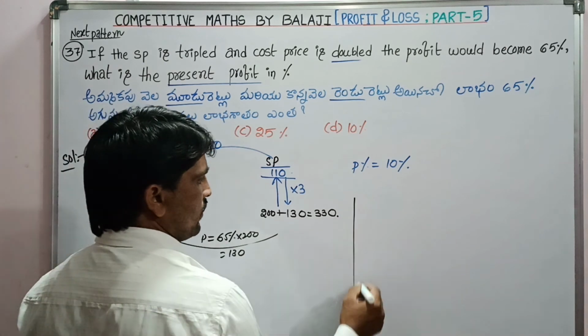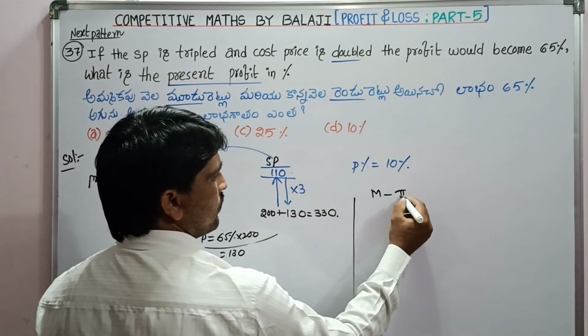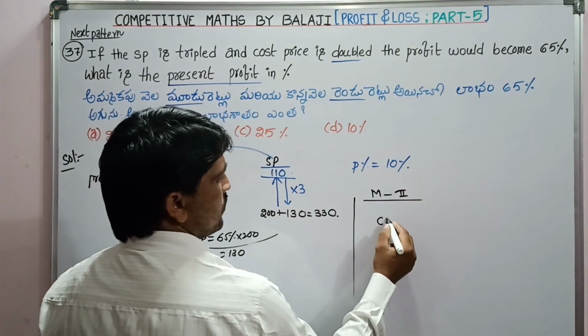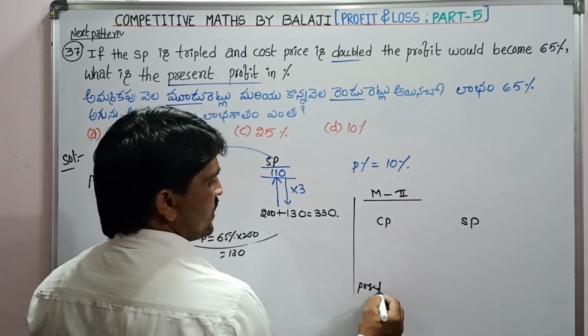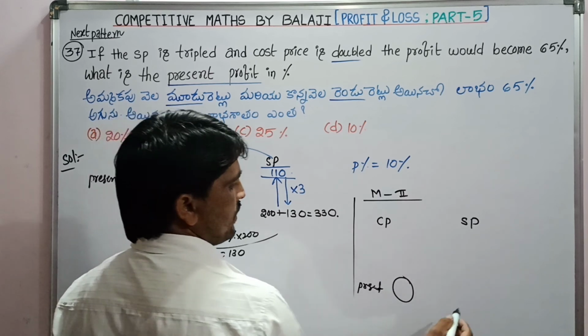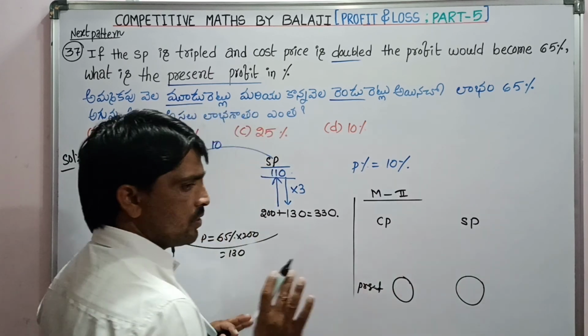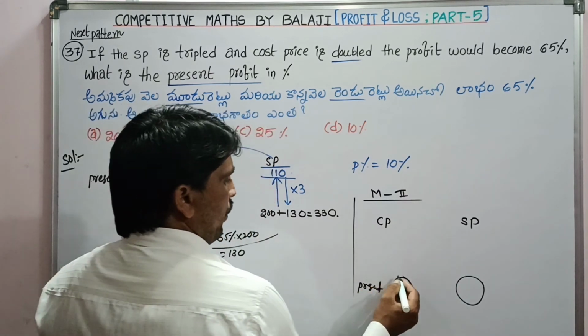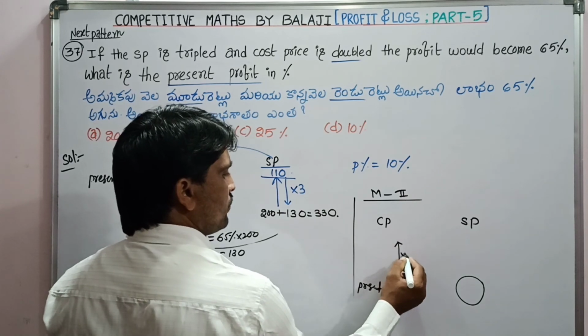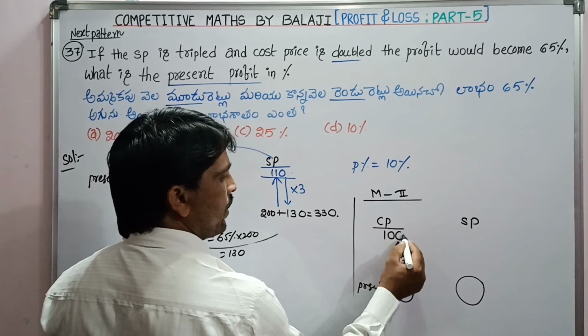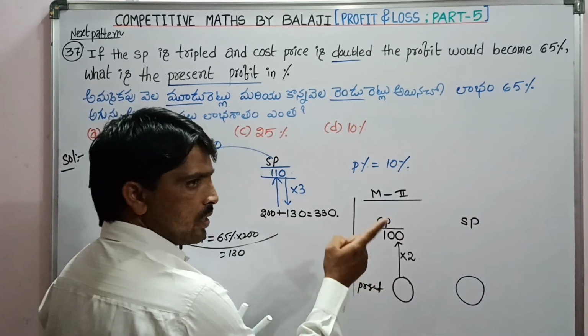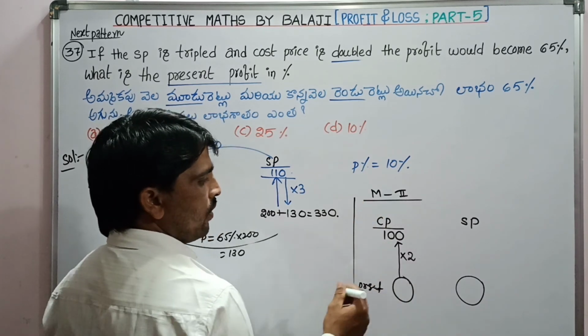Let us see it by another method. CP, SP. Suppose present CP is X and present SP is Y. When it is doubled, let the CP be 100.